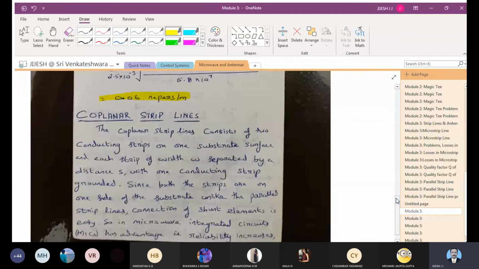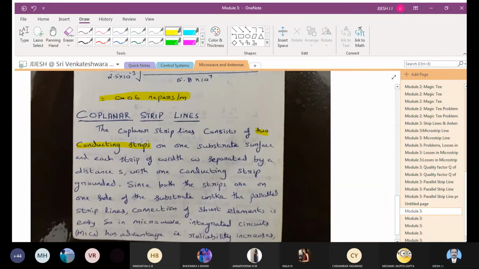So one more is there, shielded strip line, then this half of the module will be over. Listen here, just stop the problem there, you can do it once the class is completed.